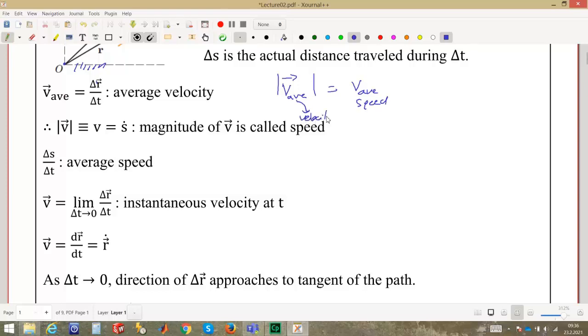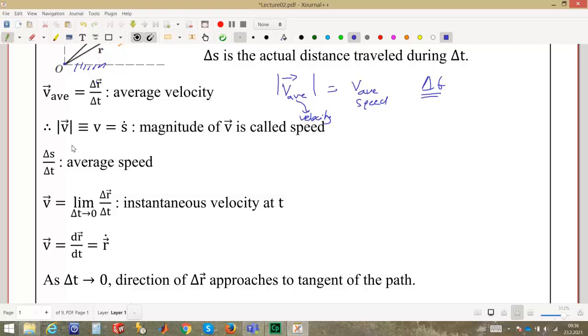So we would like to call the velocity the velocity vector, and speed is a scalar, which is going to be the magnitude of this velocity. We are talking about the average velocity, so we get the average speed during delta t amount of time. Our average speed in delta t amount of time will be calculated by this magnitude operation.